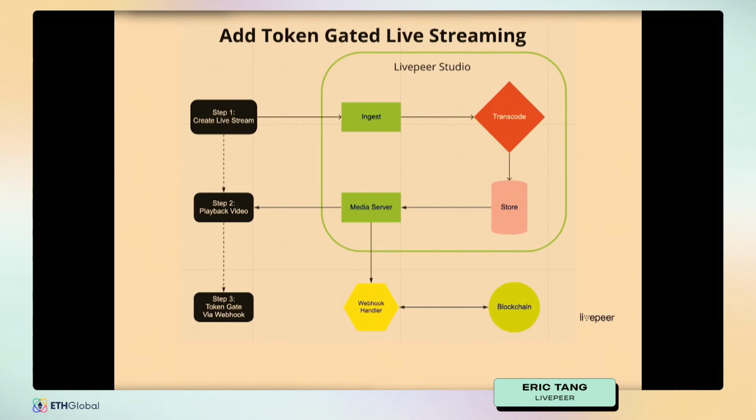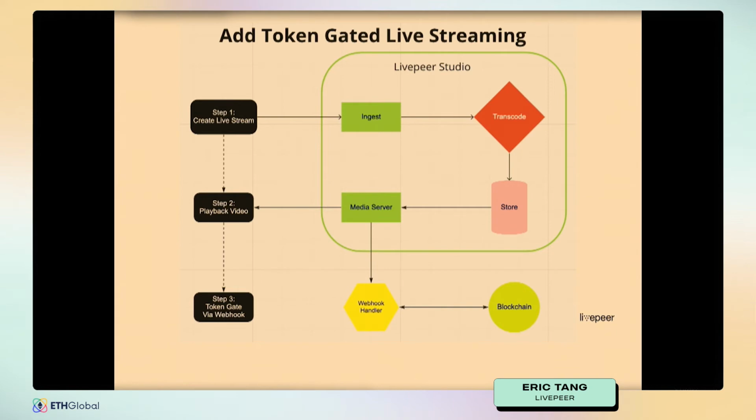Usually people check for ownership of an asset in a wallet, and of course the wallet address can come with the webhook call. So you can go on the blockchain, look at the data on the blockchain, and make a decision on whether a user is allowed to watch a video or not. And that's how you token gate a video.